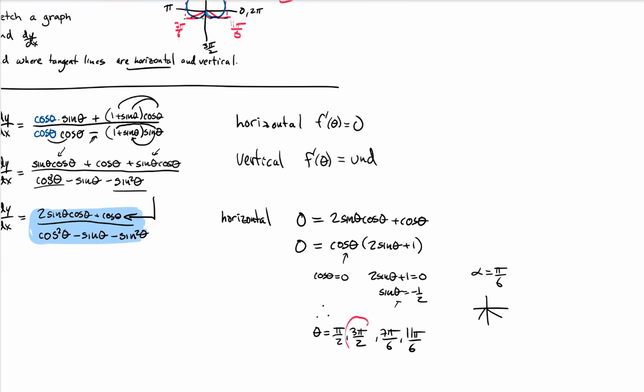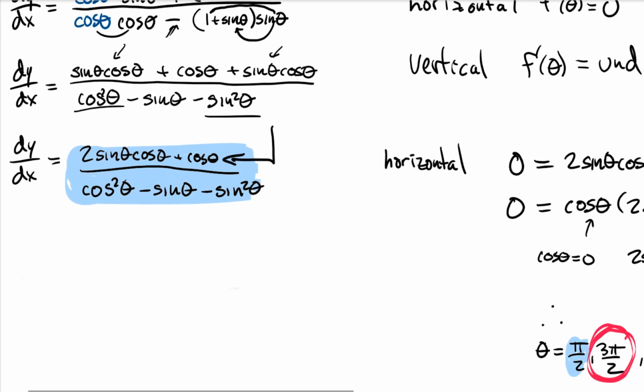So I'm curious about this one right now. That doesn't seem right. But you don't have to even look at the graph. There will be something in the next part that's going to tell you that there's something wrong with 3 pi over 2. So I'm very convinced pi over 2 works, 7 pi over 6 works, and 11 pi over 6 works for horizontals. Now let's do the vertical.